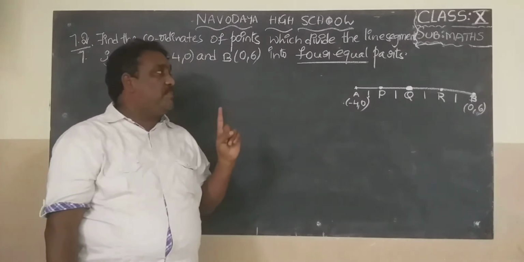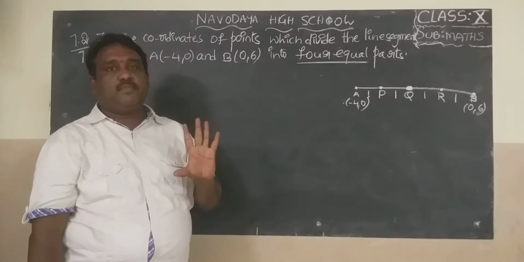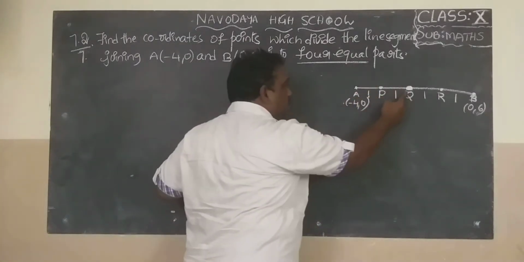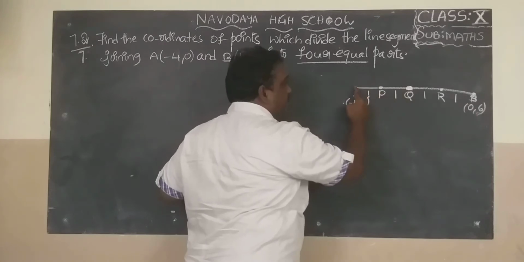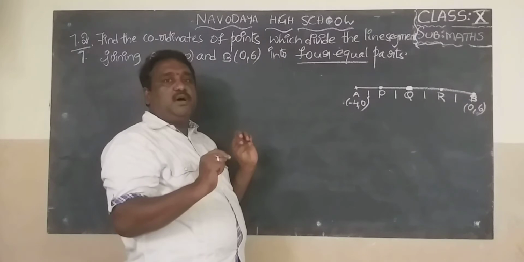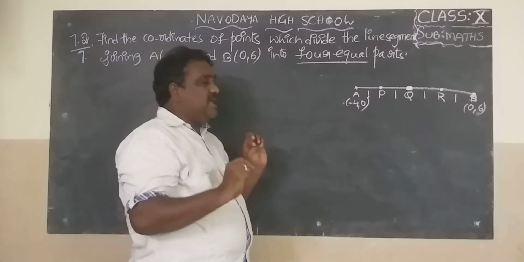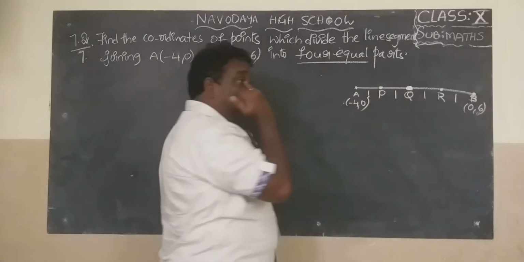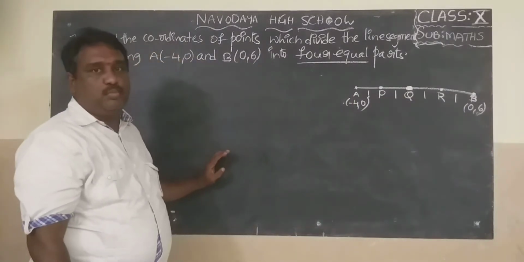R is the midpoint of QB. That is about midpoint. Okay na? So Q is the midpoint of AB, P is the midpoint of AQ, R is the midpoint of QB.